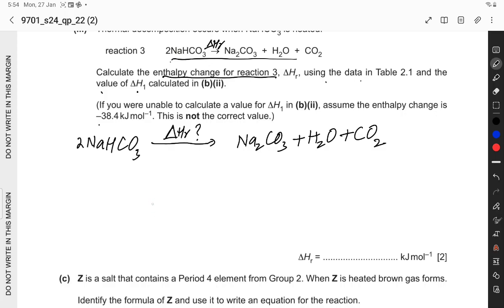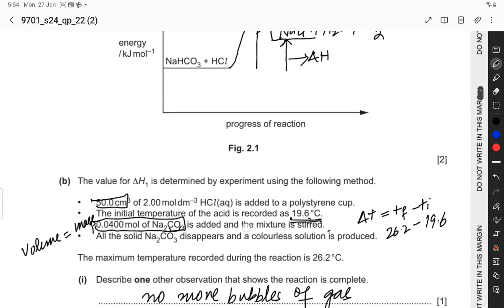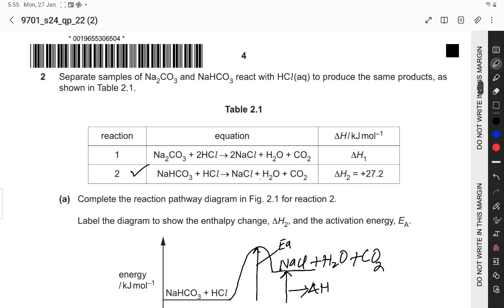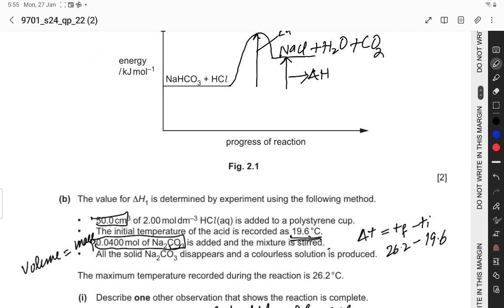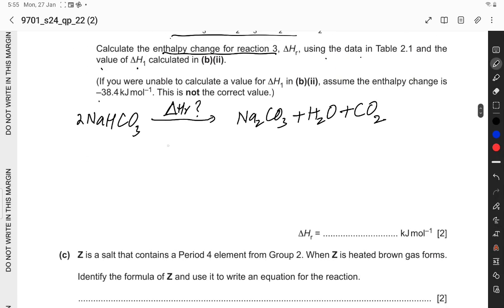So write down the elements over here, the compounds from which it is made. This is NaCl, H2O plus carbon dioxide. This is delta H2. So write down the compounds over here which are formed from both reactions by reacting with HCl.